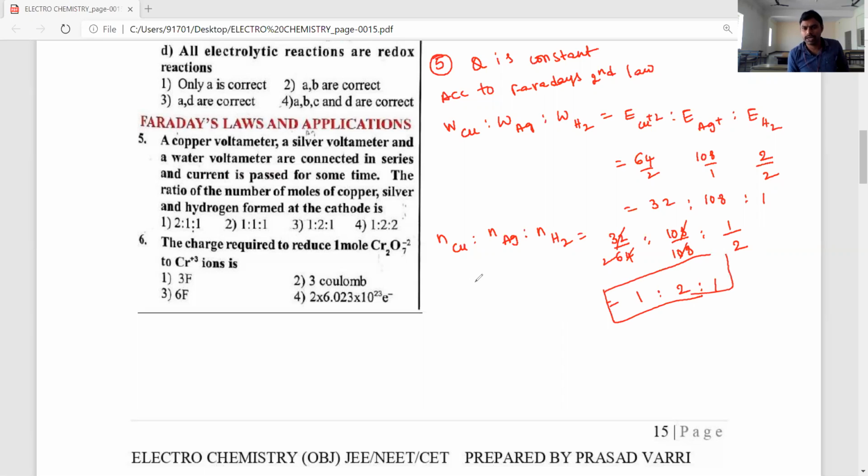Okay, this mole ratio we can also do directly. This mole ratio is directly proportional to Faradays.